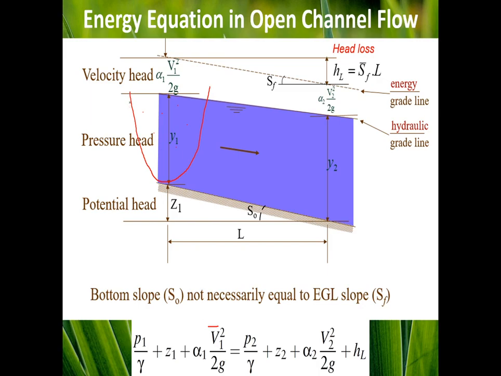You know that velocity at the walls and bed is 0, and by moving to the center of the cross section, velocity increases.